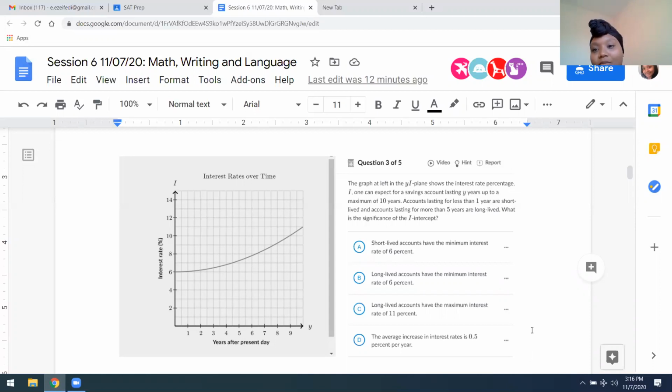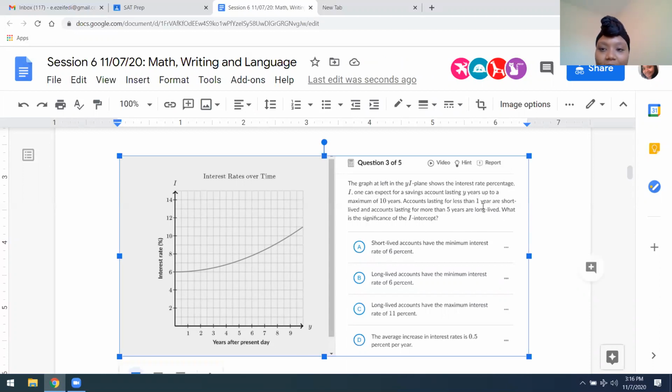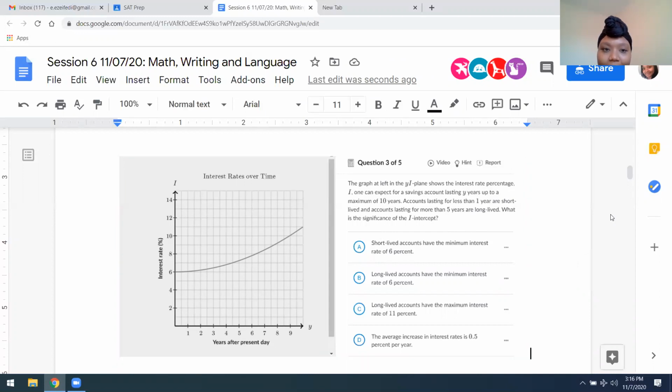They're giving you different ways to refer to the same thing. So the ultimate question here is asking, what is the significance of the I-intercept? So the I-axis is here. It's the vertical one. And we see Y is the horizontal one.